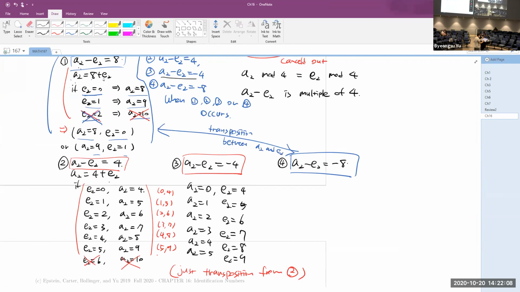So here, if A2 is 0 and E2 is 8, this gives you 0 minus 8, which is -8. Or if A2 is 1, E2 is 9, then it also gives you -8. And these are the possible cases, because if A2 is 2, then you cannot get -8 because E2 cannot be 10.